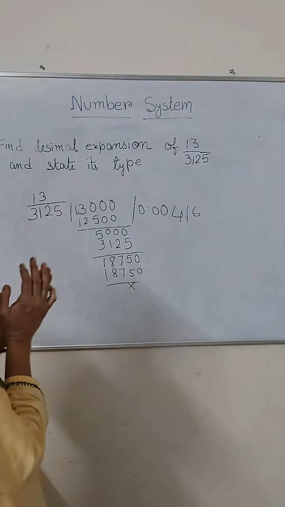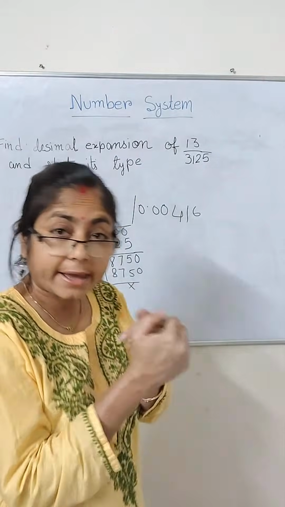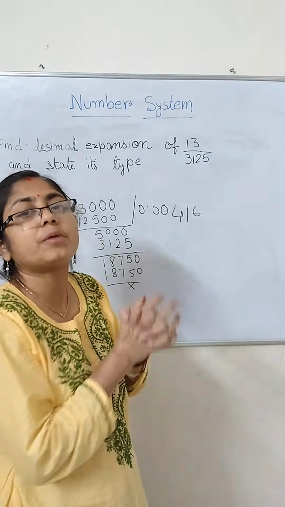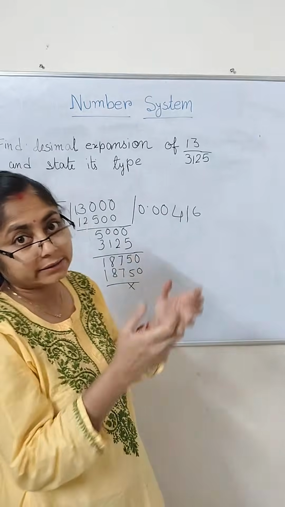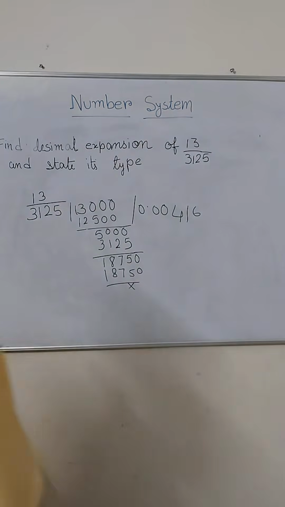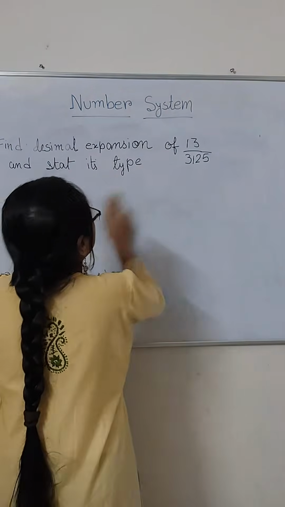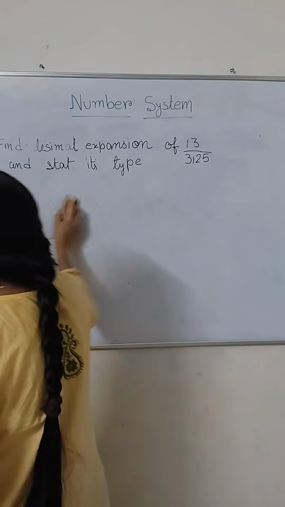Now question is how, without converting to decimal, can you find out? कैसे आपको पता चलेगा ये क्या टाइप का है? तो आपको क्या करना है उसके लिए? A very easy method I tell you.